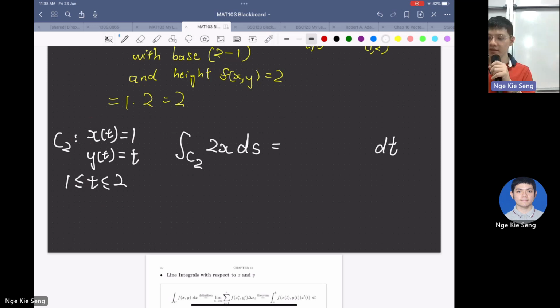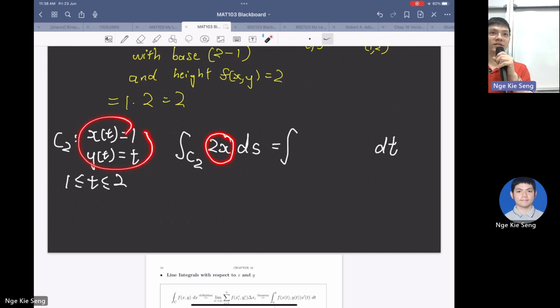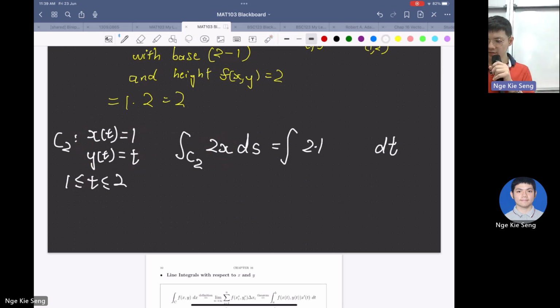So I integrate my 2x evaluated on this curve, where x is always 1, so I only get 2 times 1 here. How about the factor square root of x prime t squared plus y prime t squared?